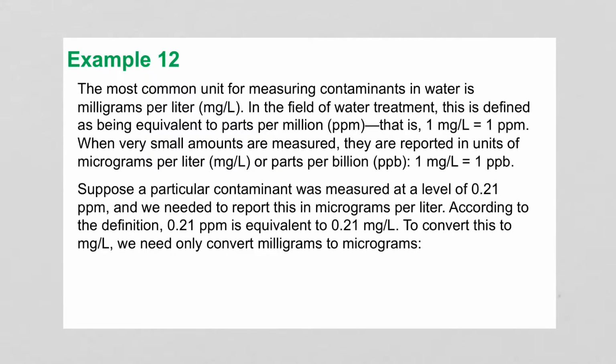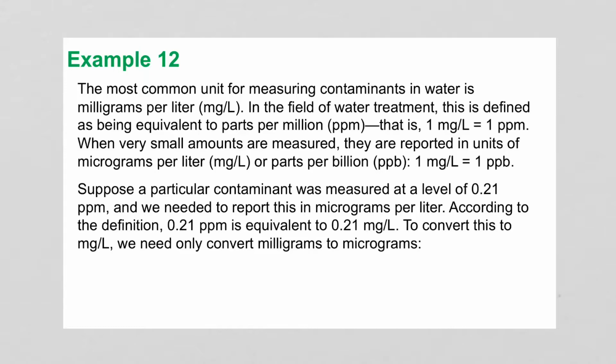Example 12 says the most common unit for measuring contaminants in water is milligrams per liter. In the field of water treatment, this is defined as being equivalent to parts per million. That is, 1 milligram per liter is 1 part per million. When very small amounts are measured, they're reported in units of micrograms per liter or parts per billion.